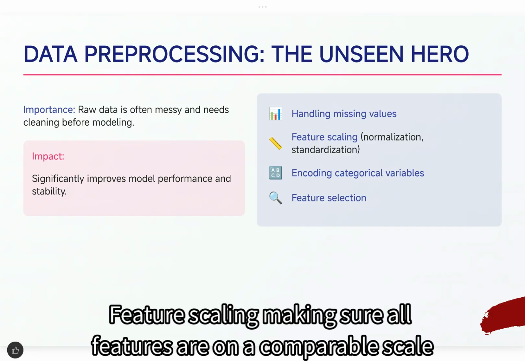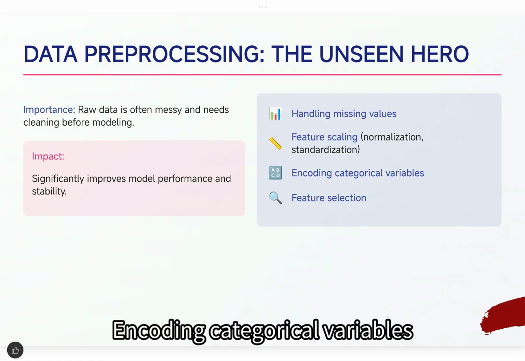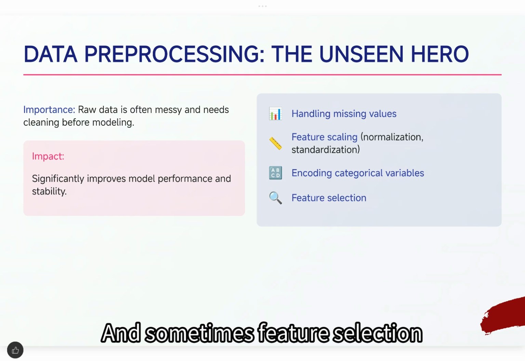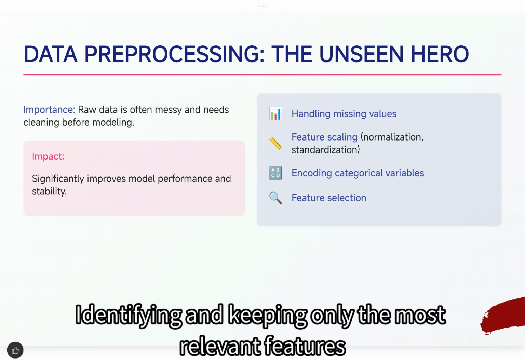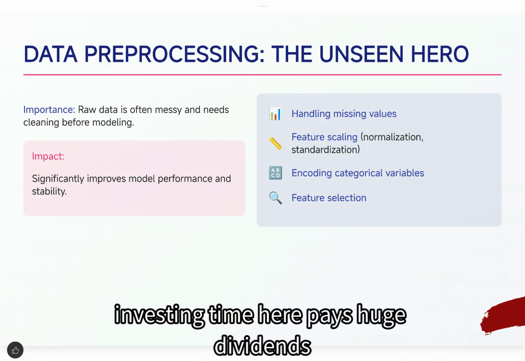Feature scaling, making sure all features are on a comparable scale, which is vital for many algorithms like SVMs or distance-based methods. Encoding categorical variables, converting text labels like red, blue, green into numerical representations. And sometimes, feature selection, identifying and keeping only the most relevant features. Neglecting pre-processing can lead to poor model performance or instability. Investing time here pays huge dividends.